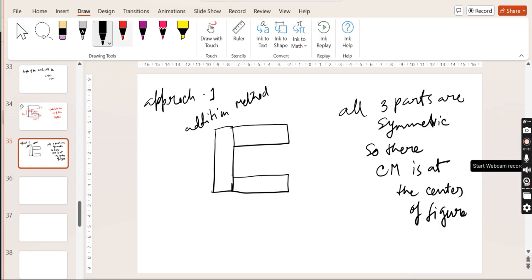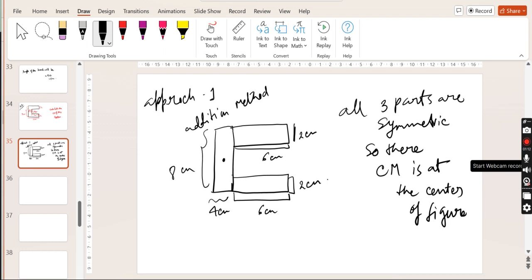We already know this is 8 centimeter, this is 4 centimeter, this is 6 centimeter, that is 2 centimeter, and this is also 6 centimeter, and this is 2 centimeter. This is the center of mass 1, this is the center of mass 3, and this is mass 2.